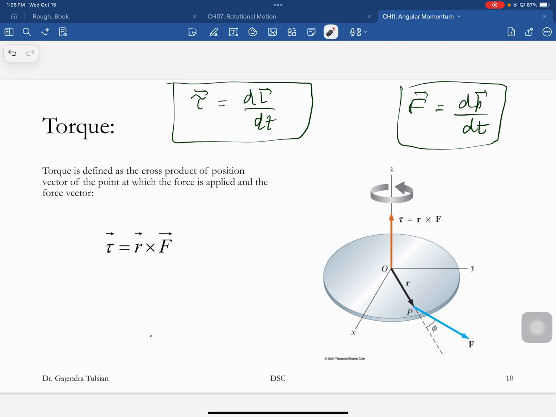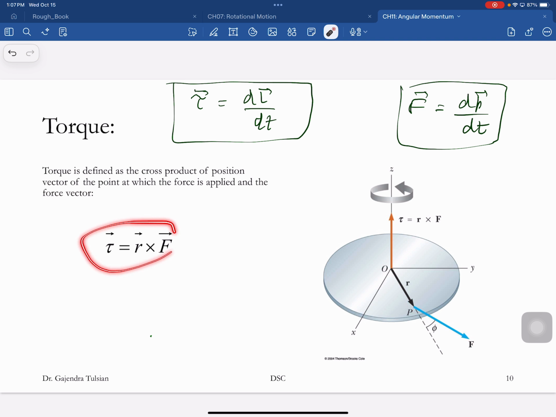You can choose the reference point to be anything, so you can calculate the torque about any point. The torque of this force about this point is 0. If you calculate the torque about any point along the line of action of the force, it's going to be 0.